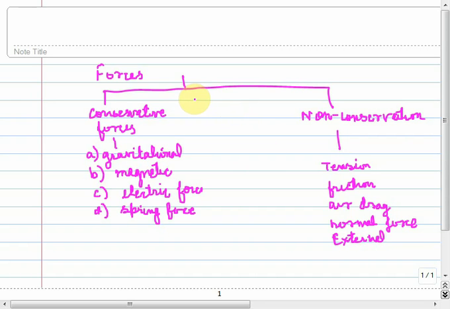So these nomenclatures are defined for various kinds of forces, and potential energy is only defined for conservative forces. I will use CF for conservative forces.